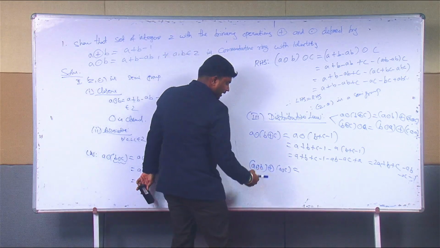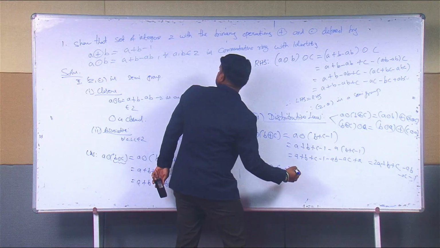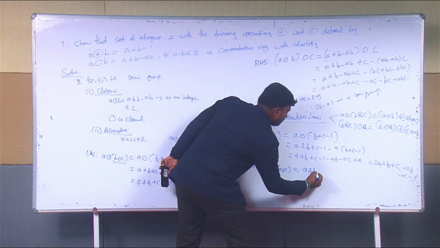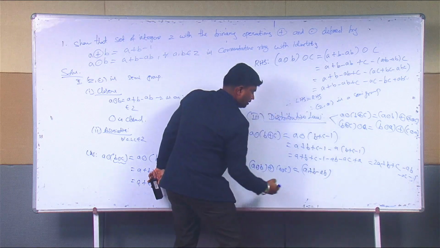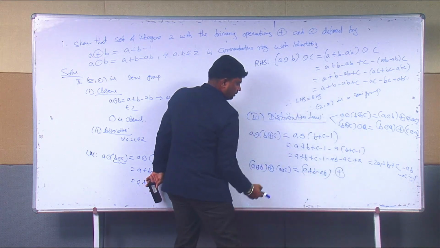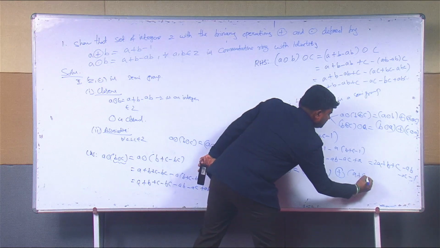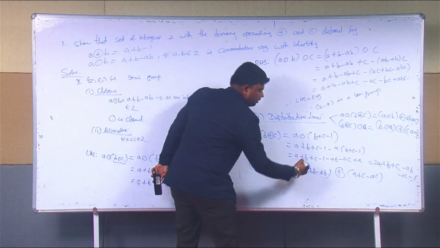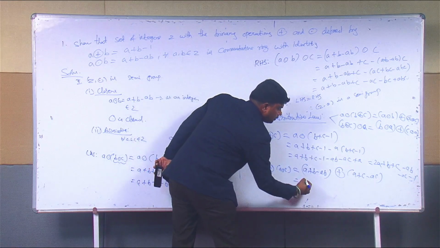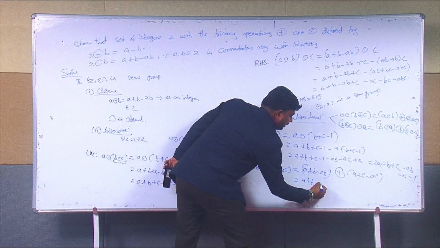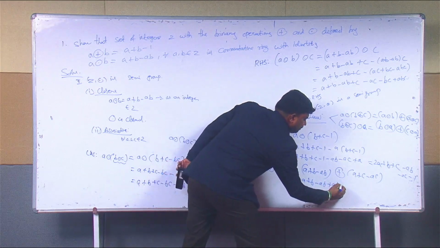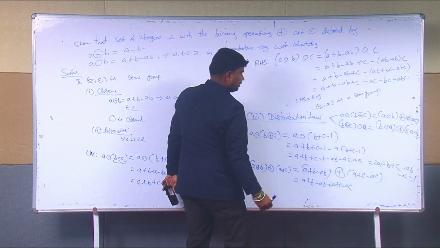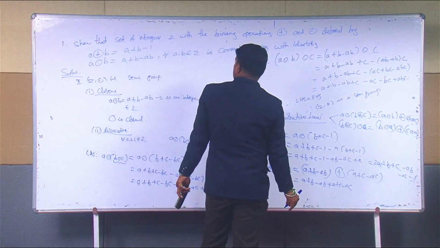So A multiplication modulo B is A plus B minus AB, and A multiplication modulo C is A plus C minus AC. Now applying the addition modulo condition: A plus B minus AB plus A plus C minus AC, minus 1.